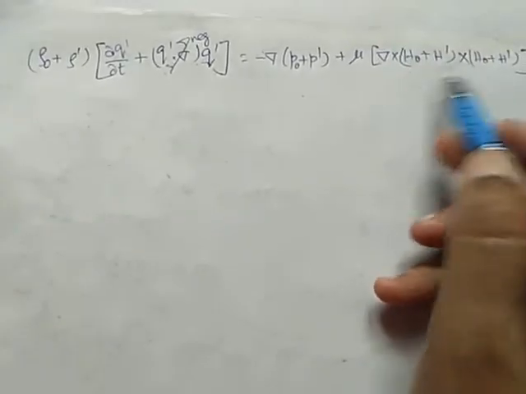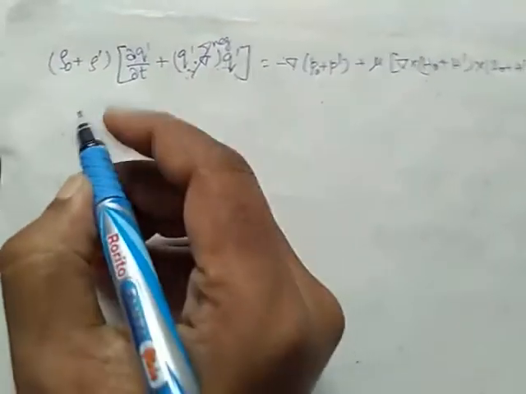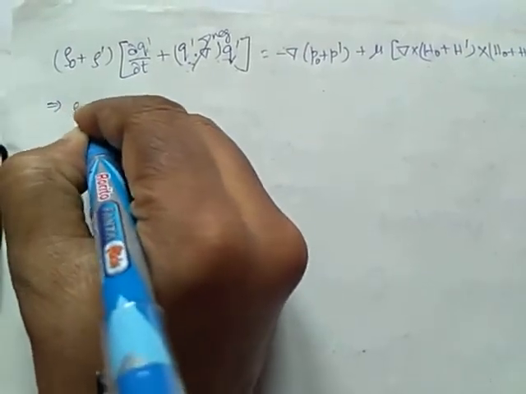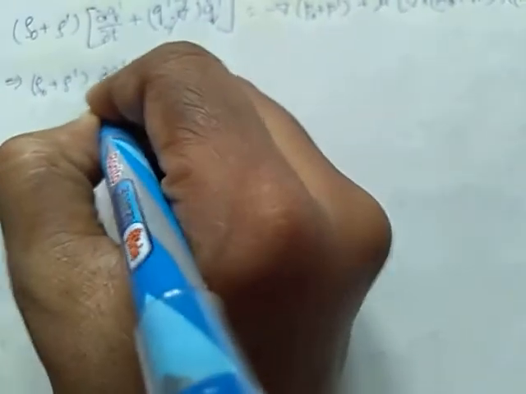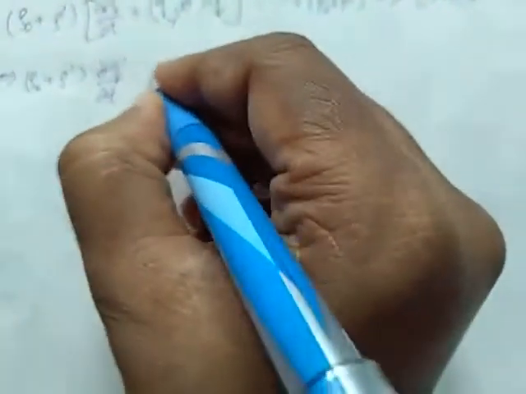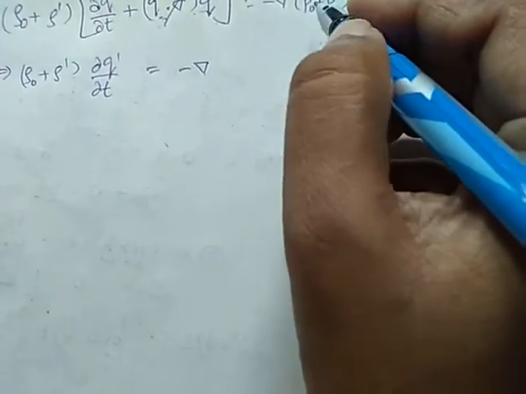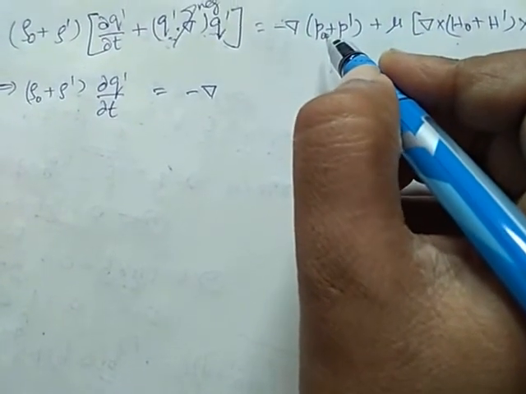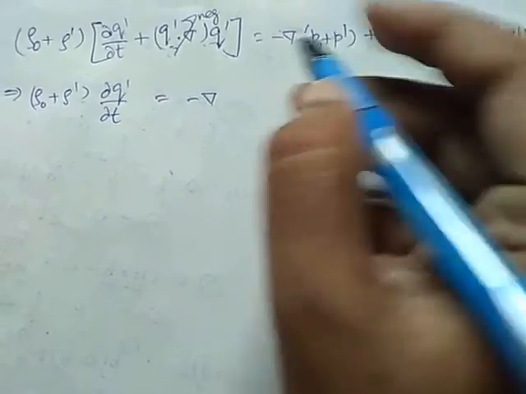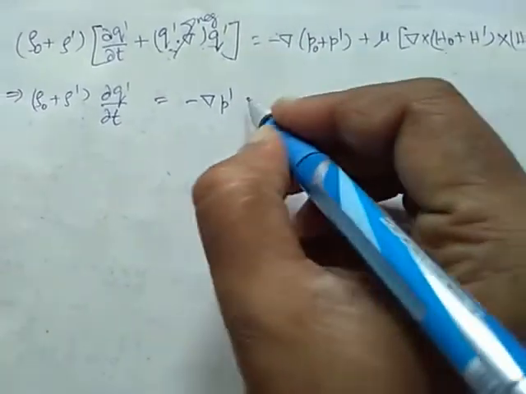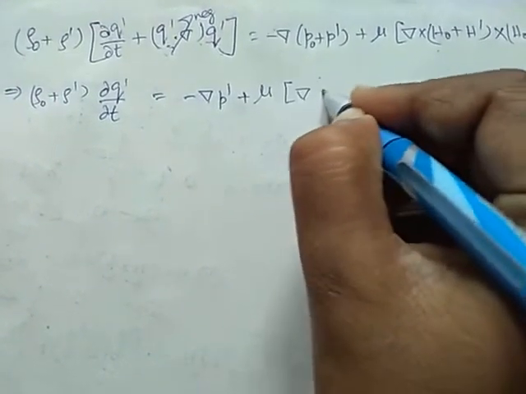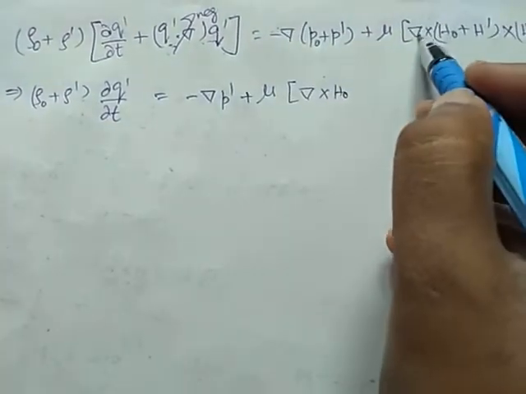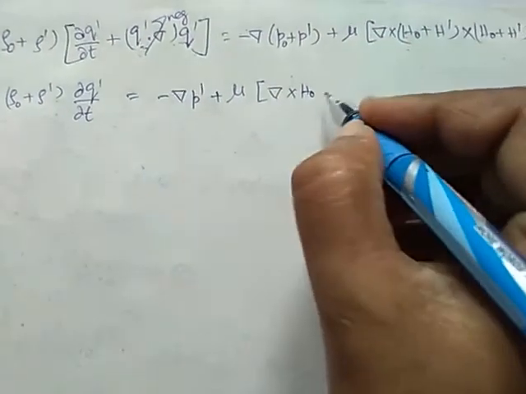So we are going to split the RHS term. We can write this as rho naught plus rho dash of dou q dash by dou t is equal to minus del p naught. p naught is constant, therefore differentiation of p naught with respect to x or y or z is 0. So we will have only the p dash term, plus mu into del cross h naught cross h naught.